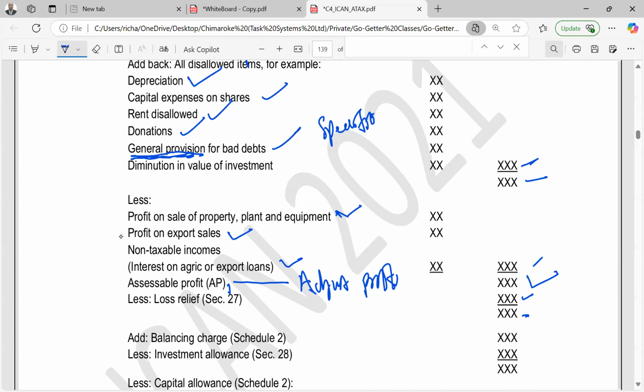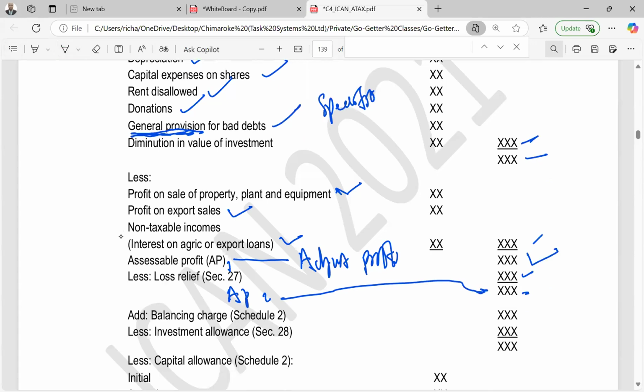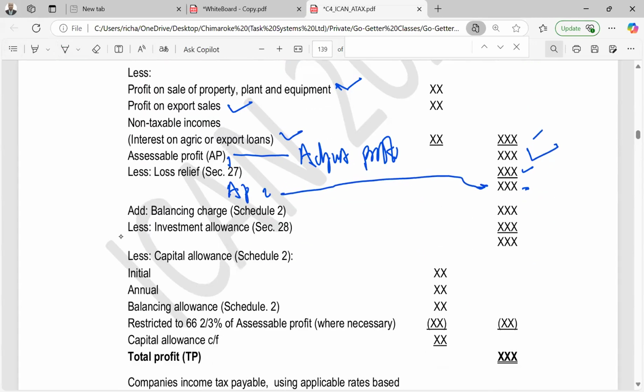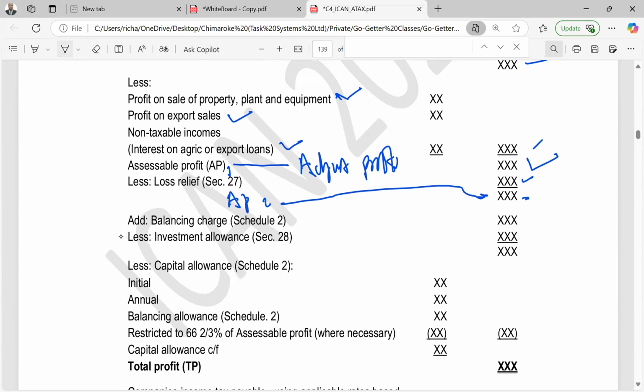From here, you can call this one accessible profit 2. Now, everything under here, after loss has been done, all relates to capital allowance. For example, we have balancing charge.